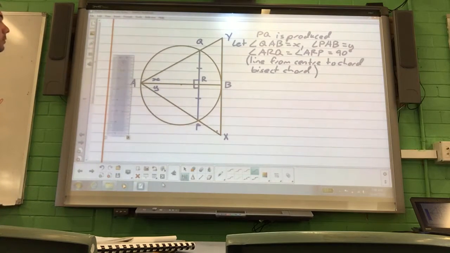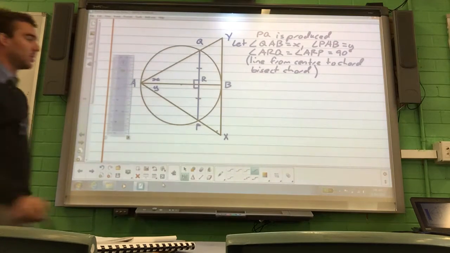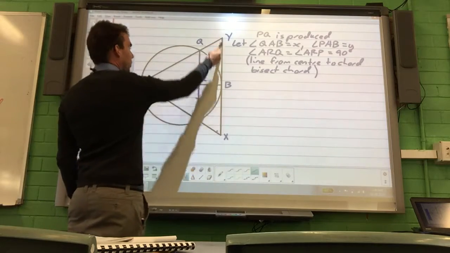Okay, we can state that, of course, but we don't actually need it. Well, what's XY? What part of the circle is XY? Well, how many places does it touch the circle? XY, what do we call that?